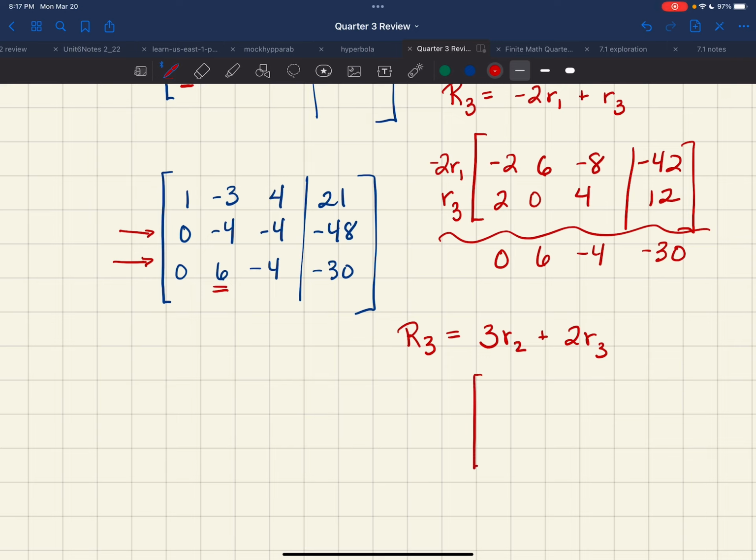So let's see what that is going to look like. So 3R2, 2R3. That'd be 0, 0, which is good. Negative 12, negative 12. And then I need to get, let's see here, 3 times negative 48 is going to be negative 144.